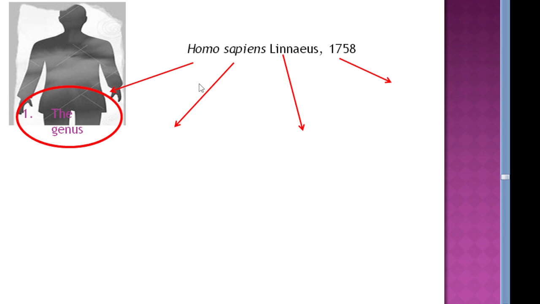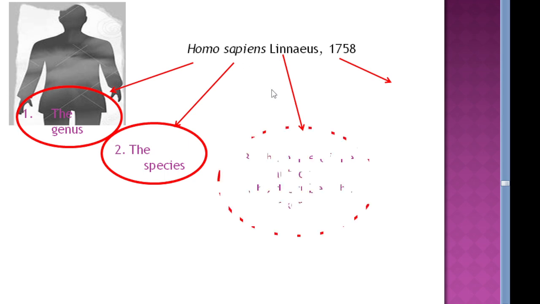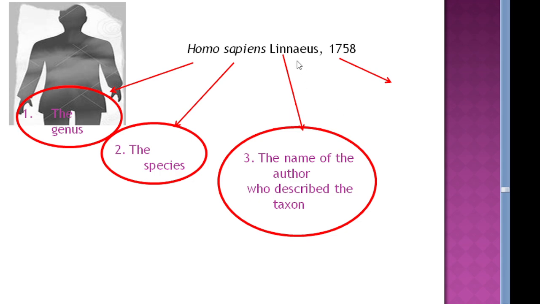Okay. In the second position, we put the species. Here you can see that the species is written in italic style, and the first letter is in lowercase. In the third position, we put the name of the author, which is Linnaeus, who described the taxon.